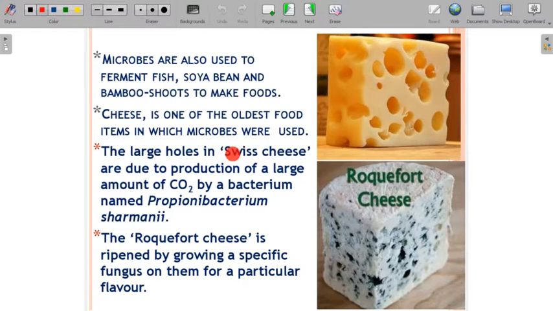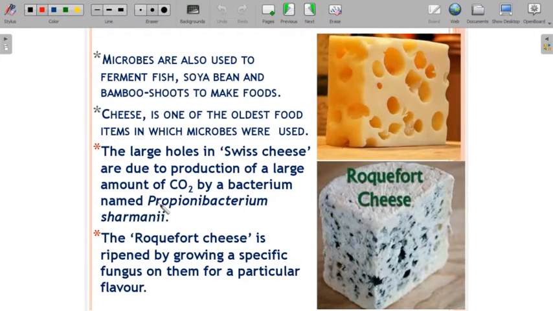The large holes in Swiss cheese are due to the production of a large amount of carbon dioxide by a bacterium, genus Propionibacterium, species shermanii. This microbe produces large holes, and the cheese becomes shiny and very soft.